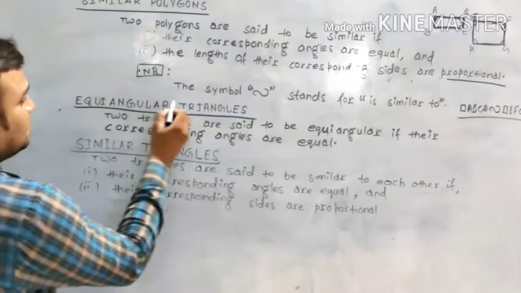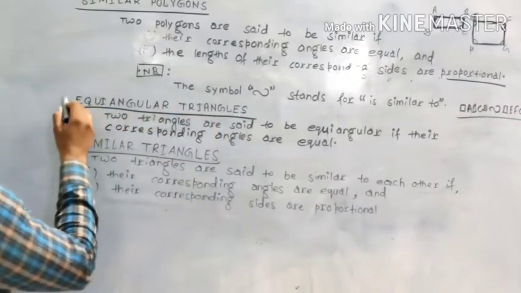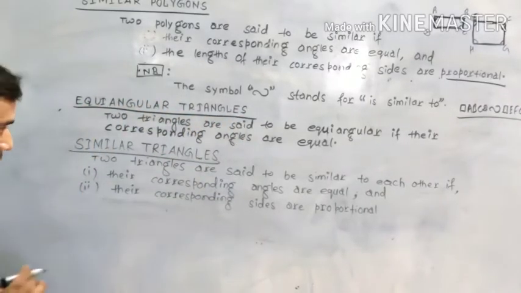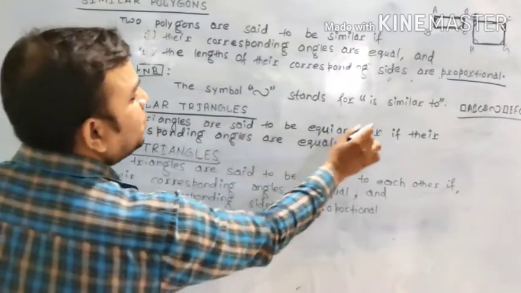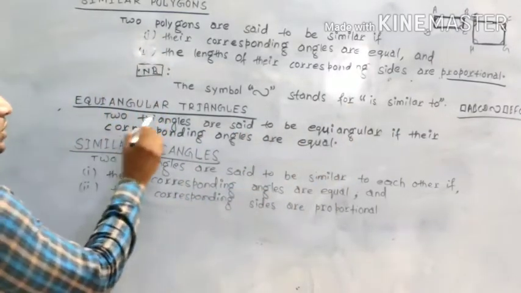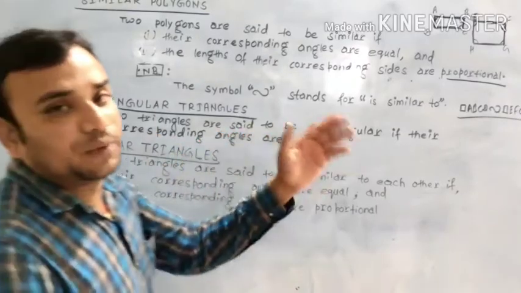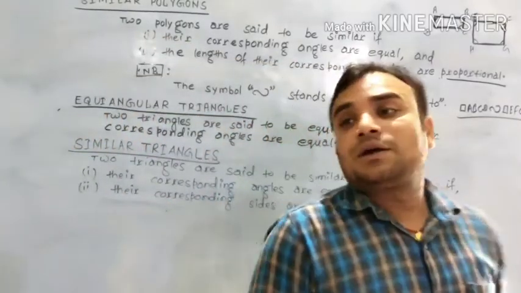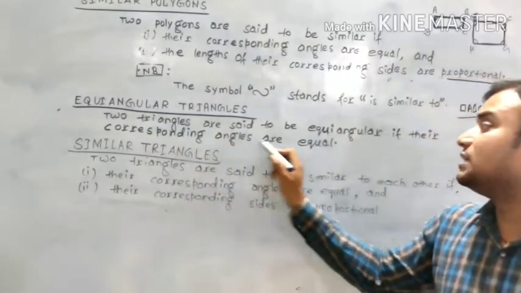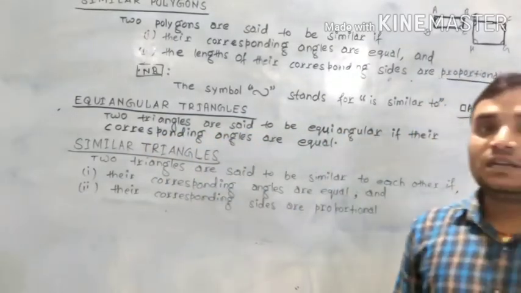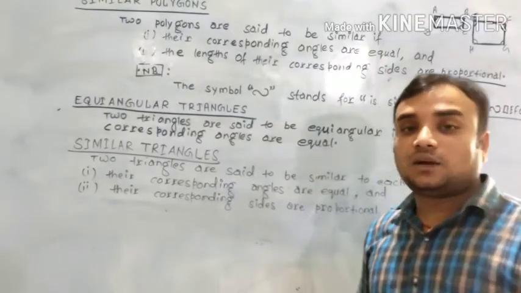Then the triangles are called equiangular. Okay, two triangles are said to be equiangular if their corresponding angles are equal.